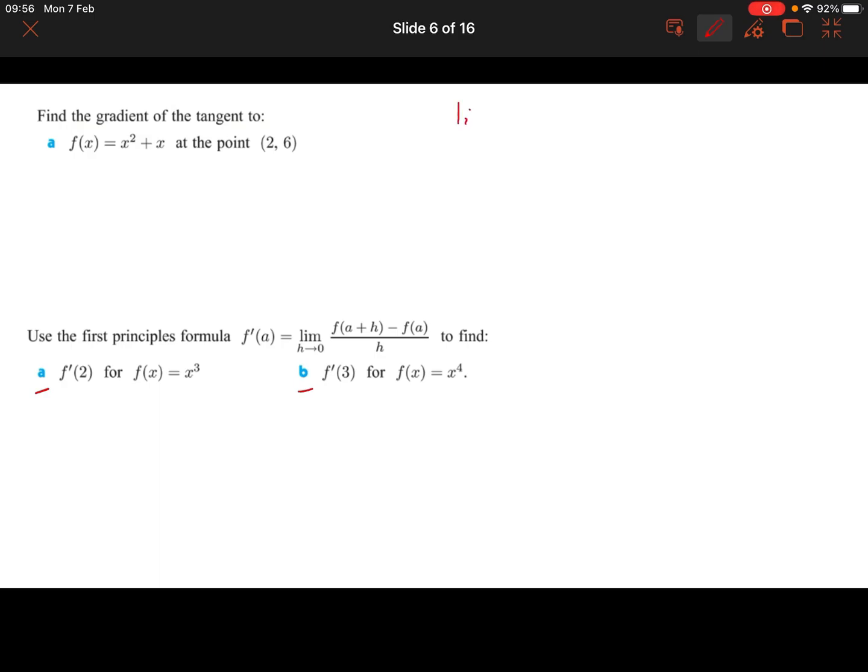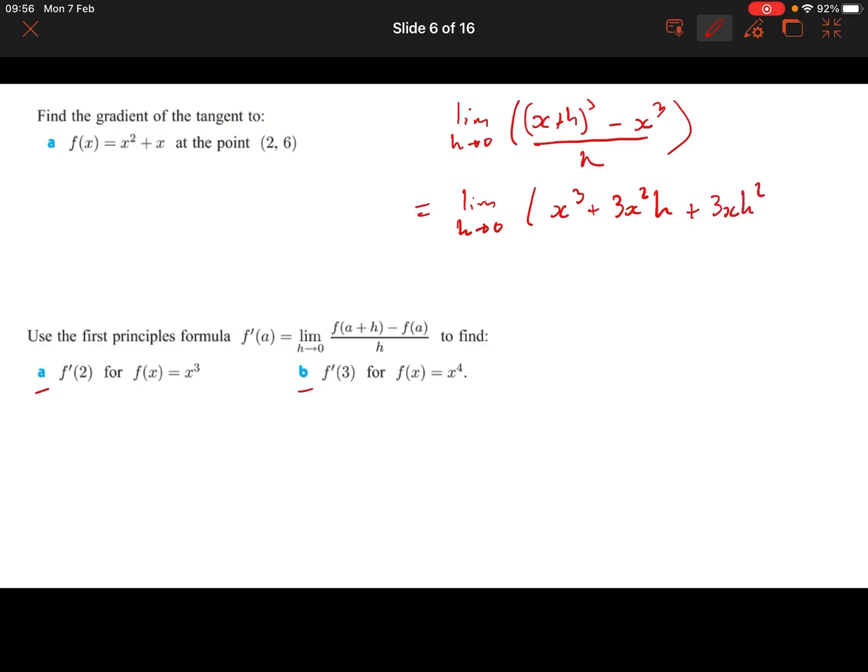We want the limit as h tends to 0 of x plus h cubed minus x cubed all over h, which is equal to the limit as h tends to 0 of x cubed plus 3x squared h plus 3xh squared plus h cubed minus x cubed, all over h, which is equal to the limit as h tends to 0 of, well, the x cubes disappear.